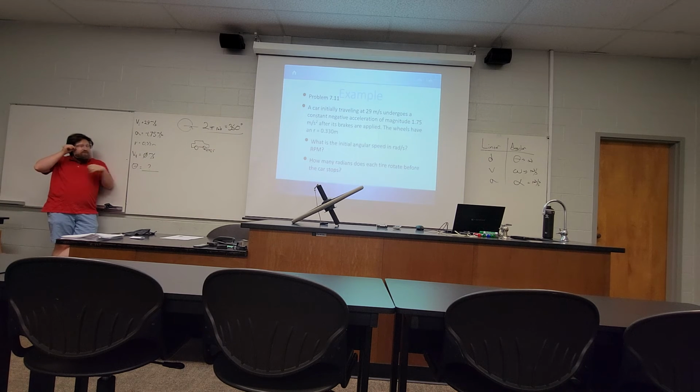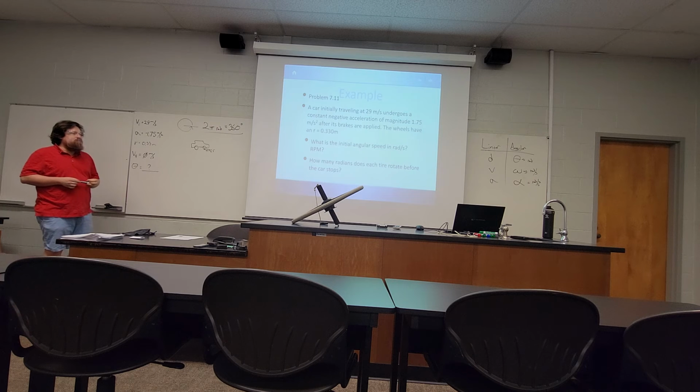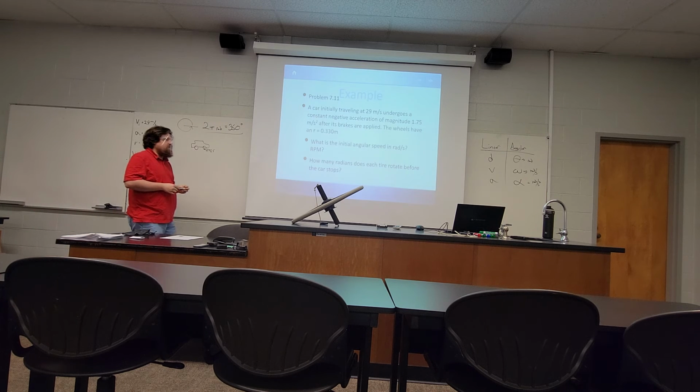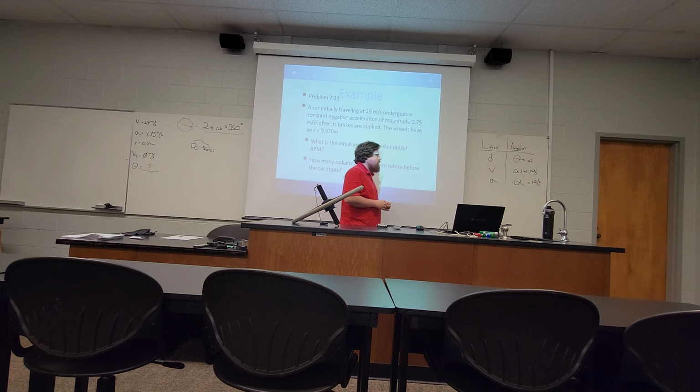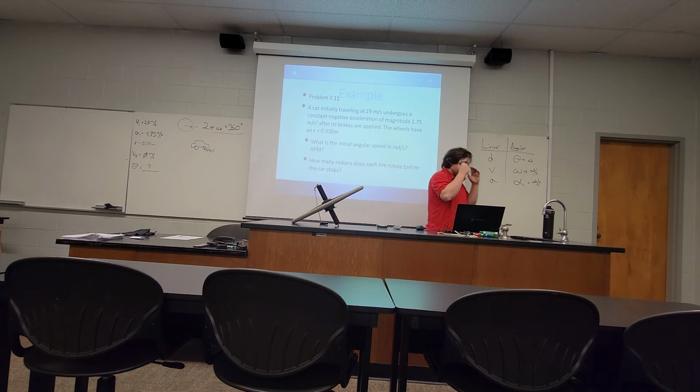So I've noted final velocity as being equal to 0. We're also told the radius of the car tires, which is important. And we've been asked a few pieces of angular information about this scenario, about what the tires are doing as the car slows down.